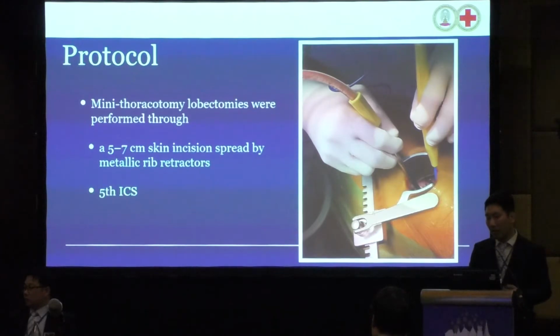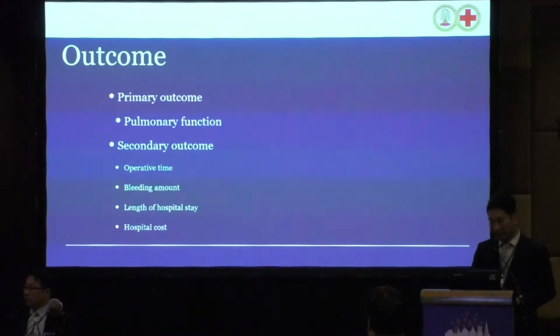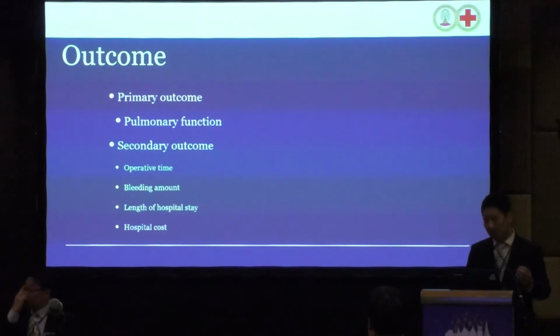Mini-thoracotomy lobectomy was performed with a 5 to 7 centimeter skin incision at the 5th intercostal space, spread by a metallic retractor. Our patients were pain controlled by intraoperative intercostal nerve block and post-operative PCA fentanyl. The primary outcome for this study is pulmonary function. Secondary outcomes consist of operative time, complications within a month, length of hospital stay, and hospital cost.